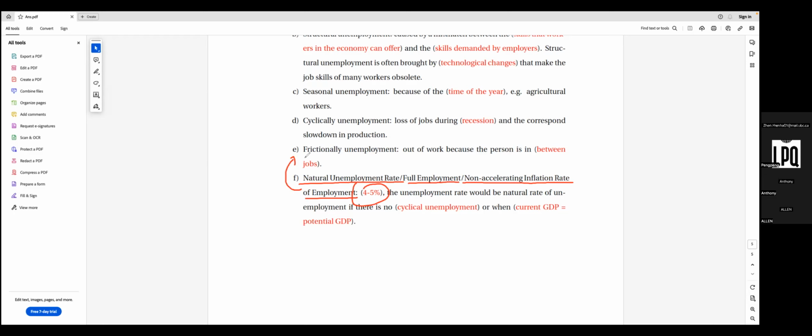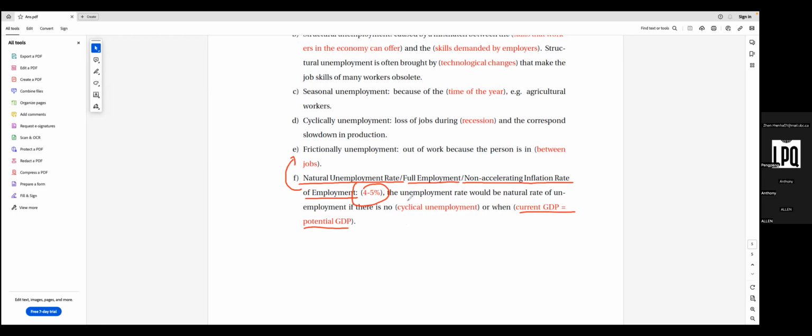Okay, and you guys need to fill in the last two blanks. When the actual unemployment rate equals 4%, 5%, the so-called natural rate of unemployment, that means your GDP equals potential GDP. Once again, in notes number 2, we will learn what potential GDP is.